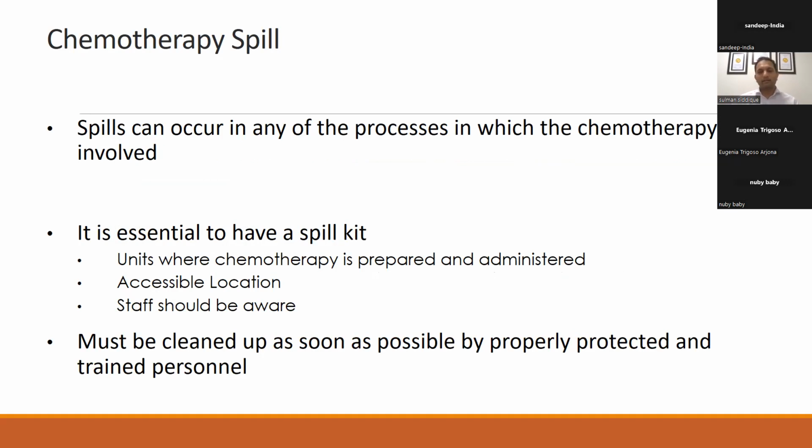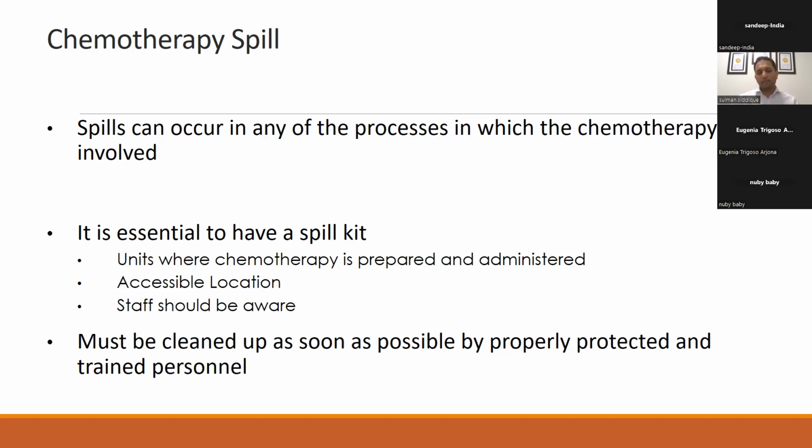We discussed that earlier, and the spill kit should be available nearby, in an accessible location, in units where chemotherapy is prepared and administered, and staff should be aware where to access it. It must be cleaned up as soon as possible by properly protected and trained personnel. Spill kit training is also a competency which should be maintained on a yearly basis.